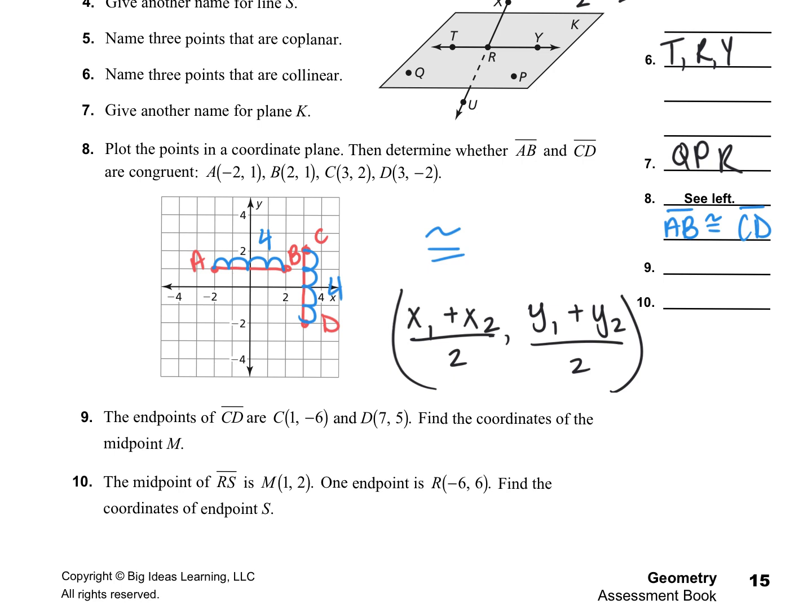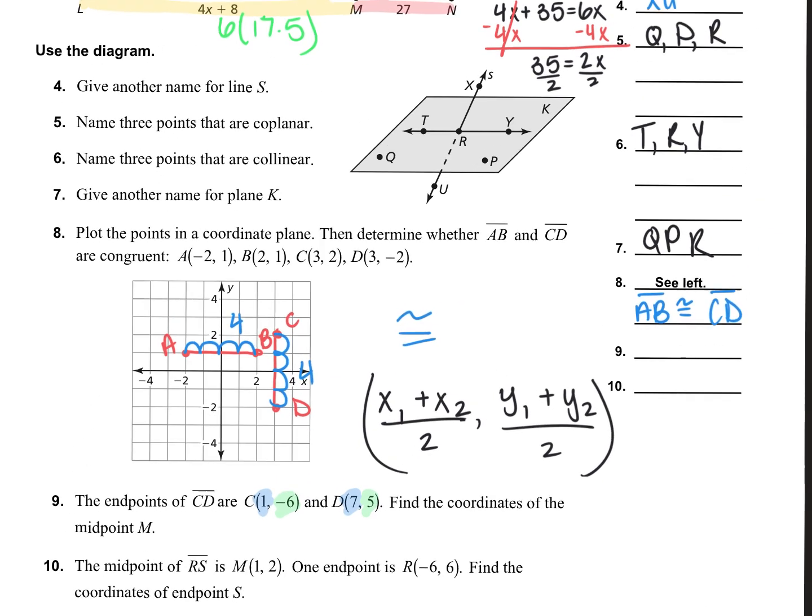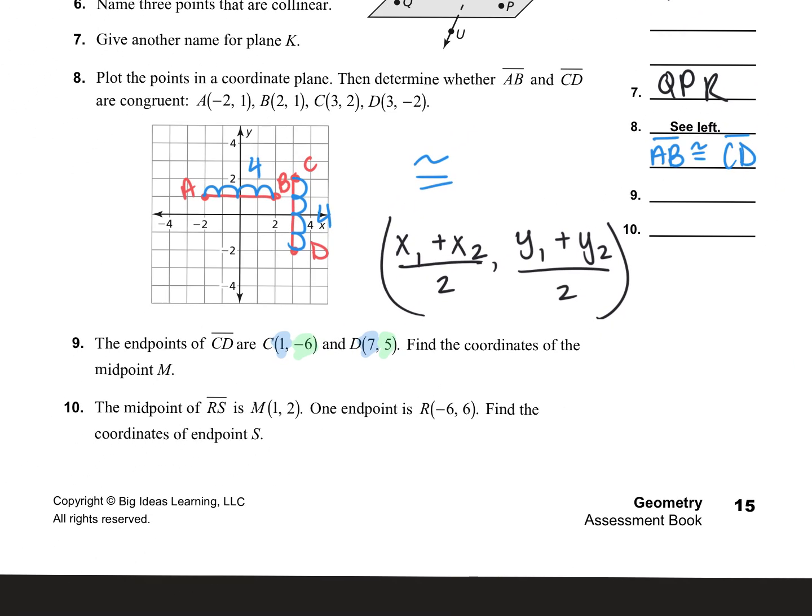So I'm going to go ahead and plug it in. I have my x's. I have my y's. I'm going to do x's first. So I have 1 plus 7 divided by 2. And then my y is going to be -6 plus 5 divided by 2.